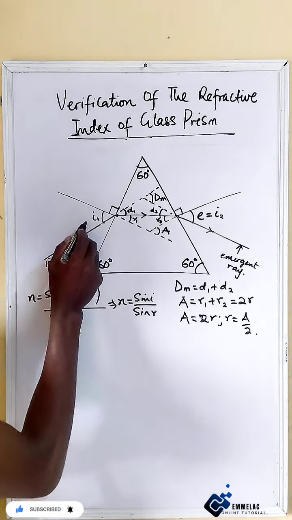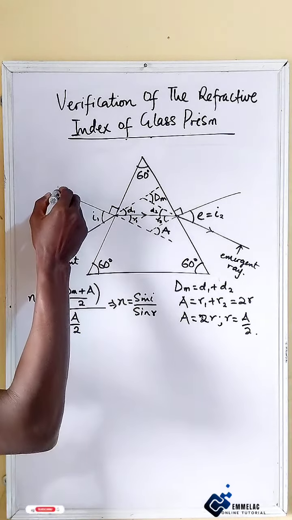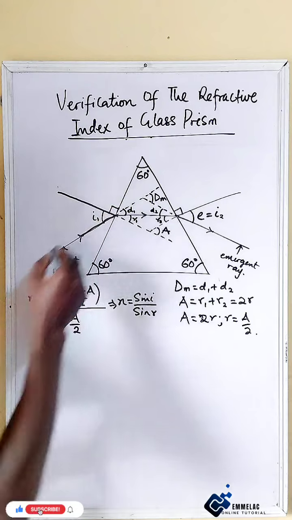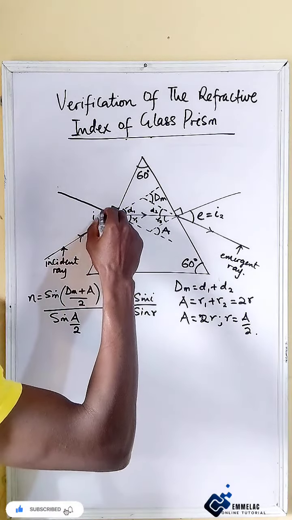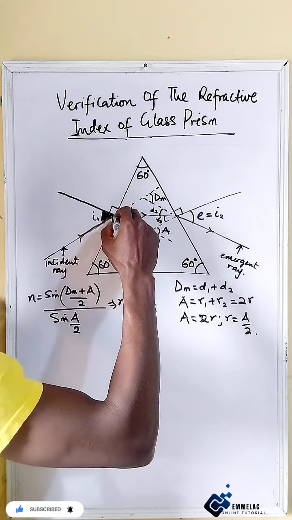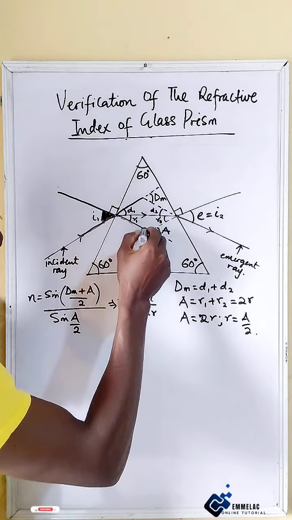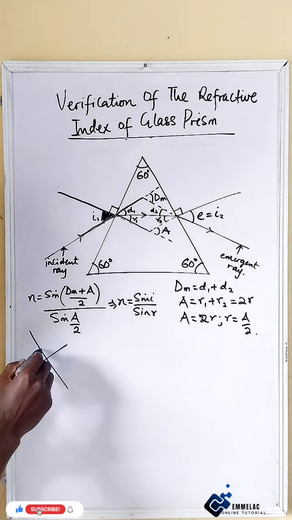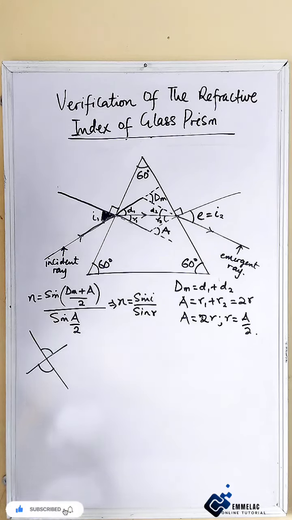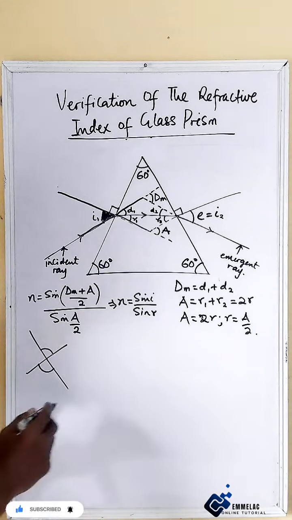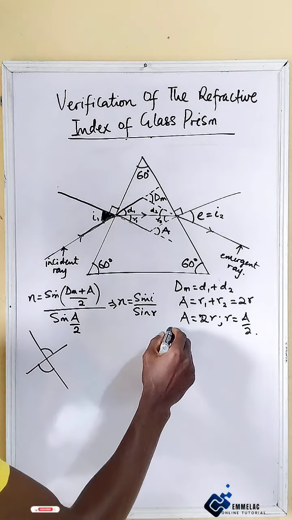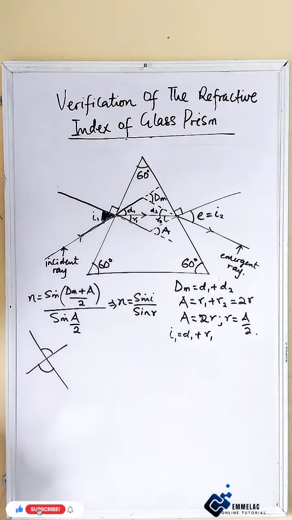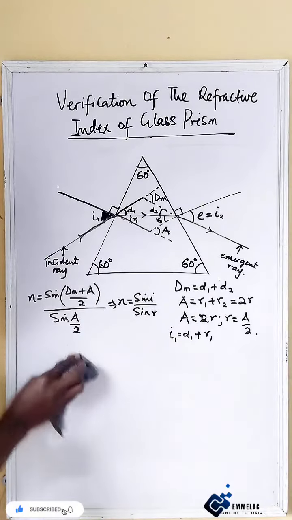Now for i, let us consider this angle. If you look at it, this angle formed here is the same as the angle formed here. Let us recall that this angle is always equal to this angle, which implies that i1 equals D1 plus r1.